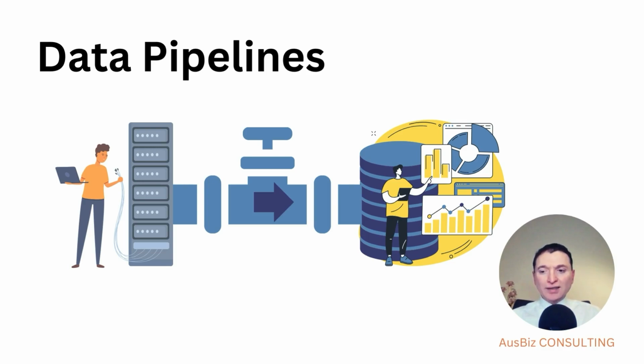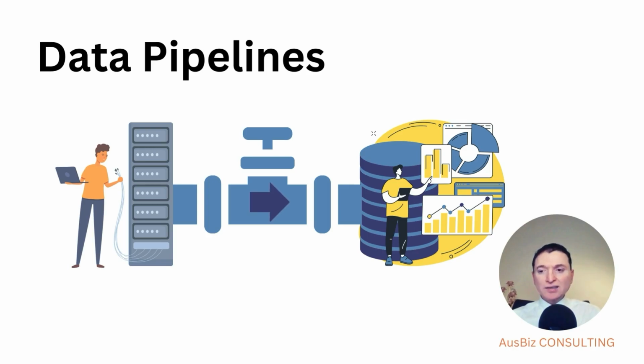Moving on to why data movement is so important. In our digitally connected world, businesses operate across multiple platforms and systems. Without effective data pipelines, these systems remain siloed, hindering the ability to make informed decisions based on comprehensive data analysis.